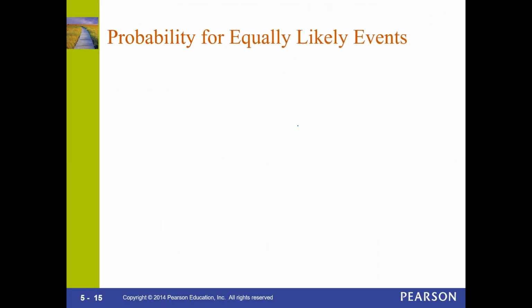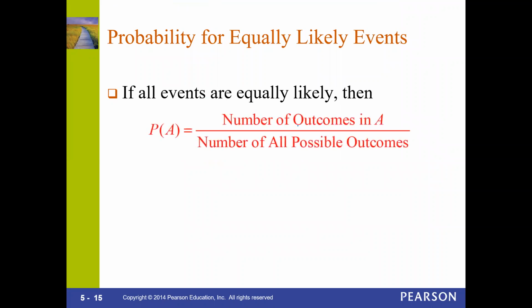Now, it's about the probability of equally likely events. This is the definition for probability. Earlier we talked about something like this, the probability of a win with the 25%.